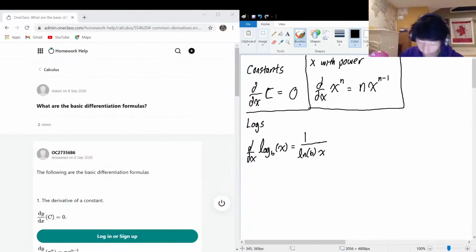And for ln of x, the base is e, equals 2.718 and on and on. So if it's a natural logarithm, it would be the same formula, except that ln of the base would just be a 1. So I guess you wouldn't need to necessarily write that.